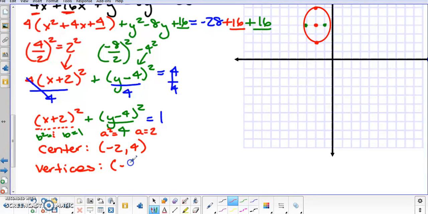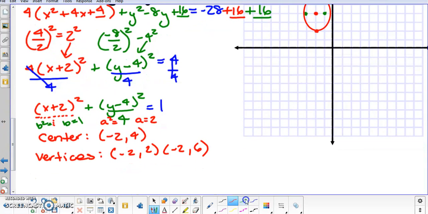Or I can just go -2, and then up 2, and -2, 2, 4, 6, up 6. And then my co-vertices, those are at -3, 1, 2, 3, 4, -3, 4, and -1, 4.